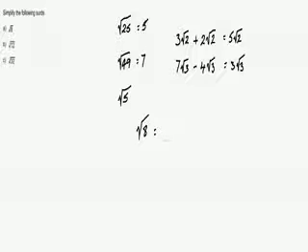So root 8, if I wrote down what times what will give me 8, okay? Now 2 times 4 will give me 8. So root 8 is the same as the root of 2 times 4.